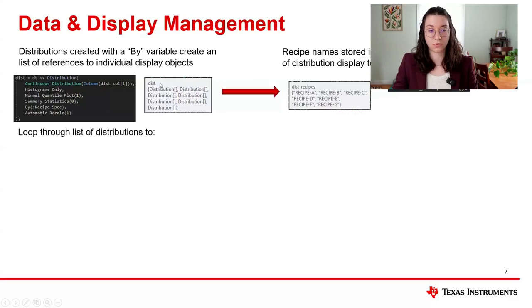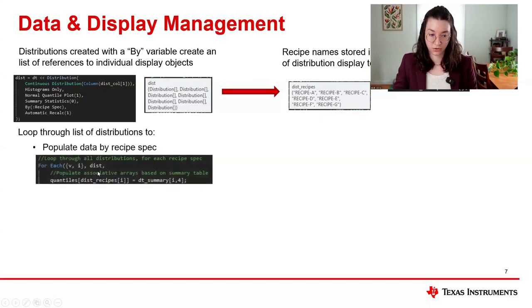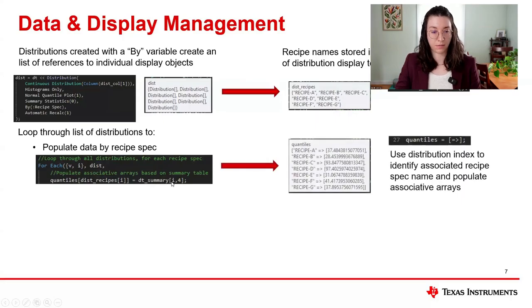So you can loop through this list of distributions and do things like populate your data by recipe spec. Right here I have an associative array, and I'm populating it by using the 4th column of my summary data table. So that's giving me my quantiles, and you can see that each individual recipe name points to a value.